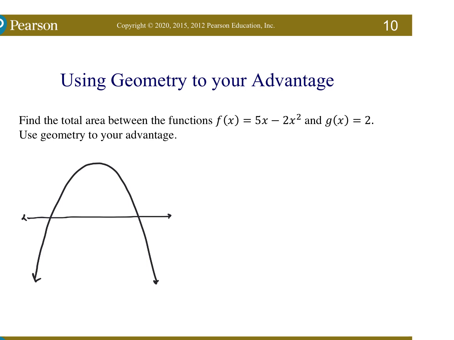So we need to figure out where these two things cross. So I've got y1, and my y1 is going to be the 5x minus 2x squared. And my y2 is just going to be the line there. And I set up my intersection points because I am looking for the area between them.